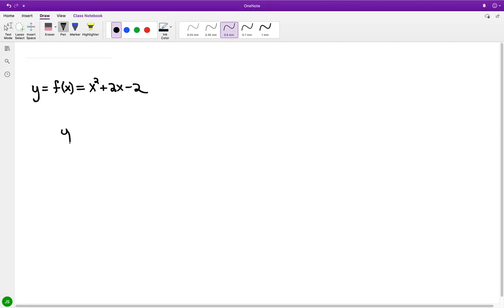And if I were to take what I have here, now this is in standard form, and if I were to convert it to vertex form, again I'm looking at separating the variable terms. So I have x squared plus 2x, quantity, minus 2.